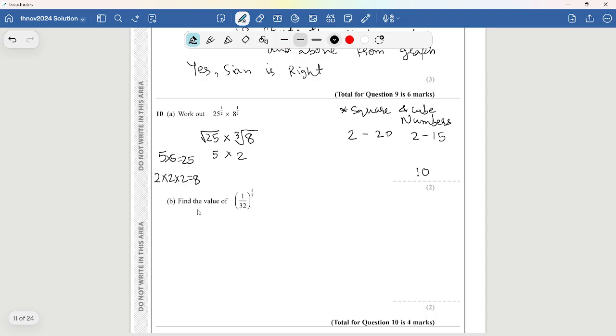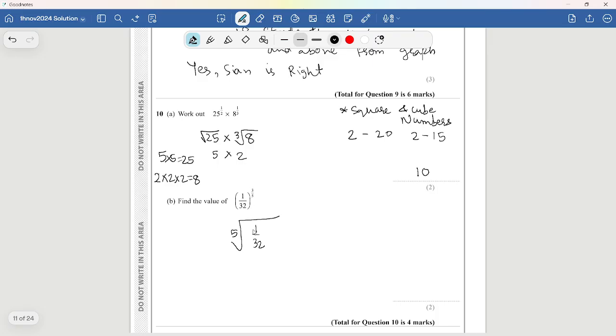The next question: find the value of 1 over 32 to the power of 3/5. Again we have a fractional power. The denominator is 5, so that means it's a fifth root of this number, which is 1 over 32. But we have a numerator value of 3 also here.